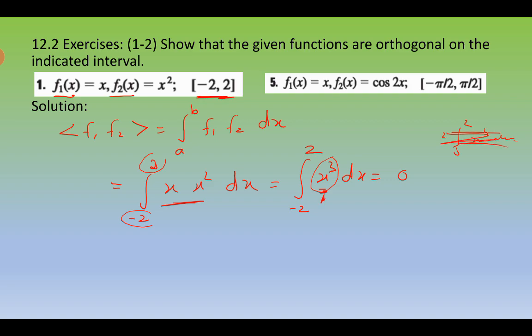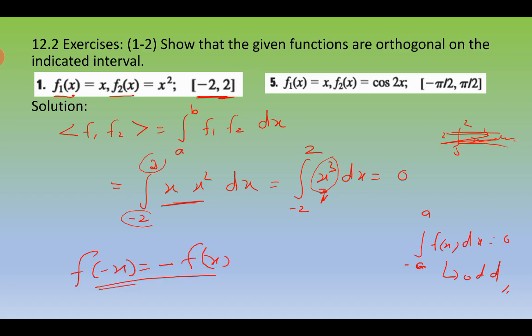But when the function is an odd function, integrating from negative a to positive a, the same number with different signs, the integral of f of x dx will be 0 if f of x is an odd function. What is an odd function? If f of negative x is equal to negative f of x, a function satisfying this property is called an odd function. And f of negative x equal to f of x gives you an even function.